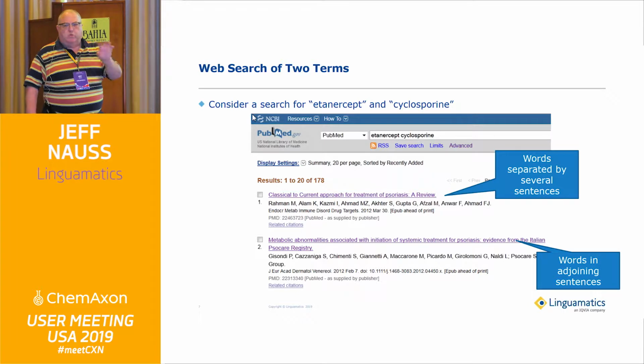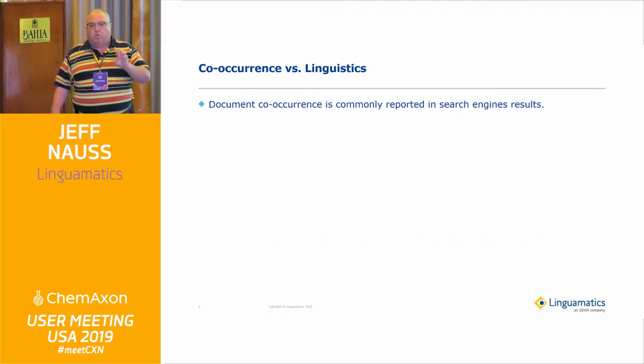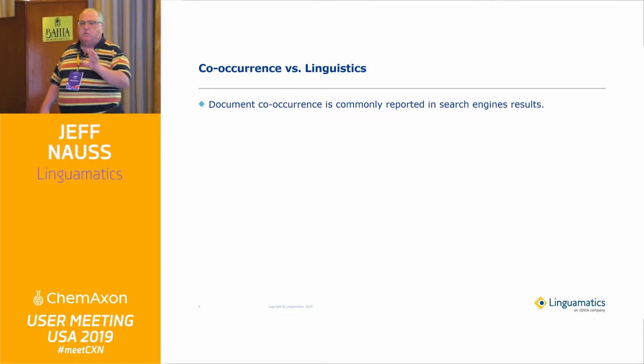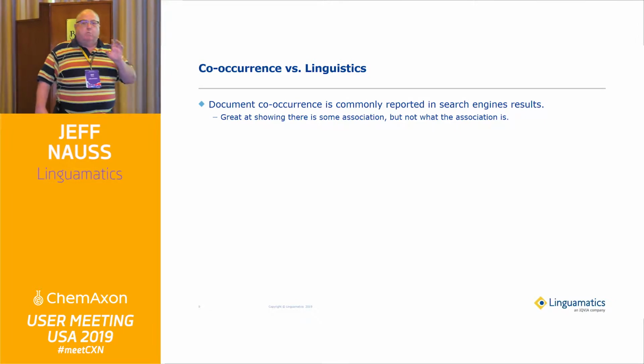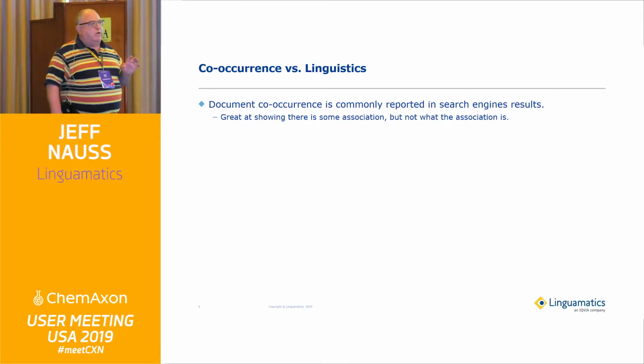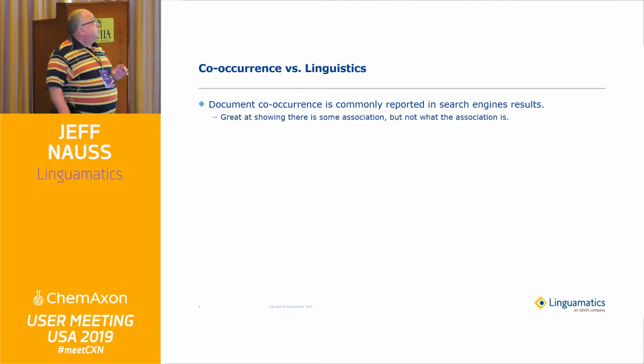You can imagine some linguistic construct that would link the two, but it's tough to say what the relationship is. And that's the thing with these document co-occurrences: they're great at being able to find very easily that there's an association between the keywords that you have within the documents, but it's not so good at determining what is the relationship. What exactly is linking these two different keywords?